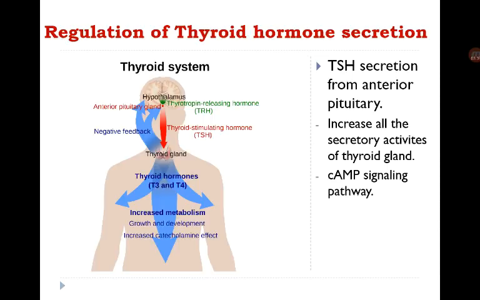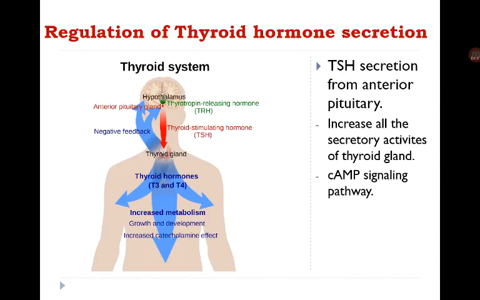So it's going to activate G protein. G protein is going to activate the adenylate cyclase enzyme that's going to convert ATP to cyclic AMP and then activates many activities.